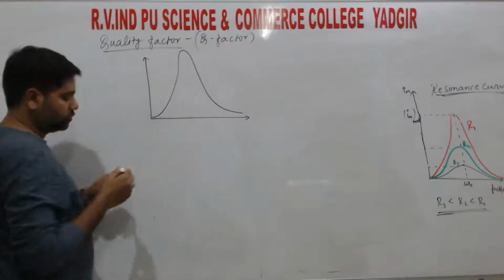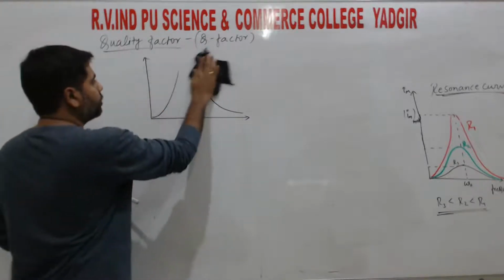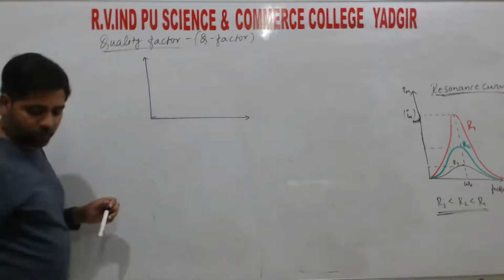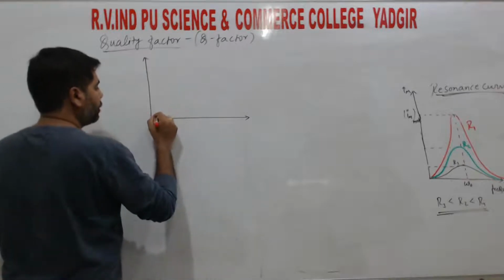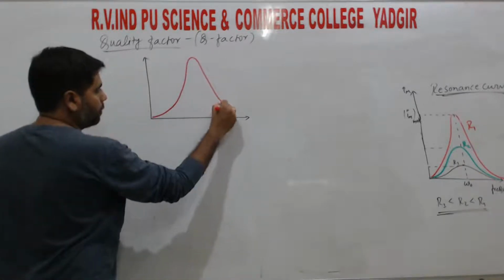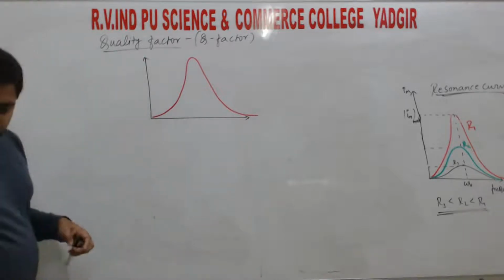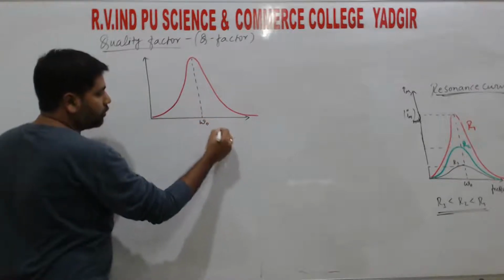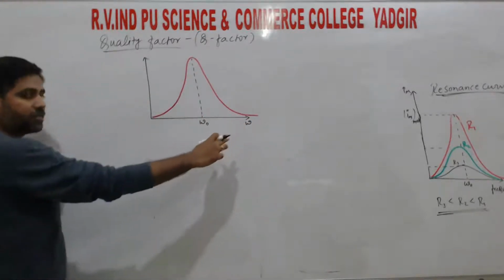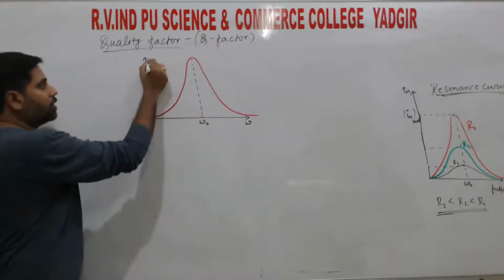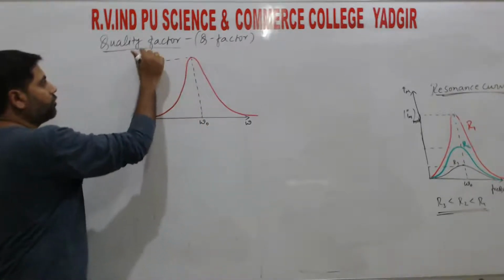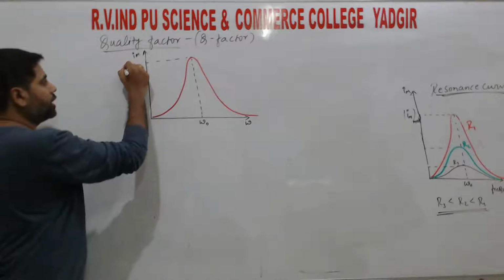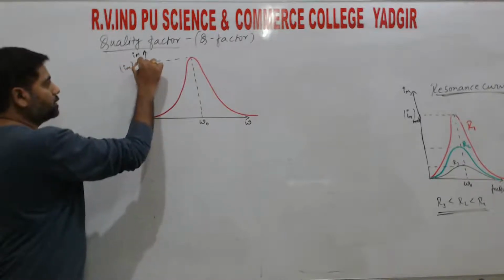So here we are getting the resonant frequency omega naught. So along the x-axis we take the frequency, and along the y-axis we take Im, that is the peak current. So here we are getting the I maximum, right?